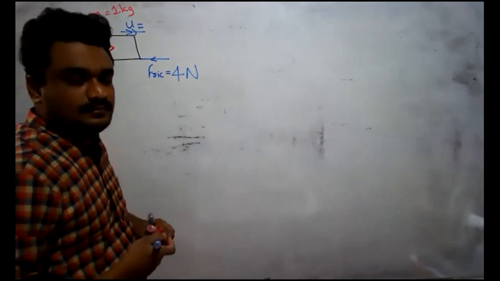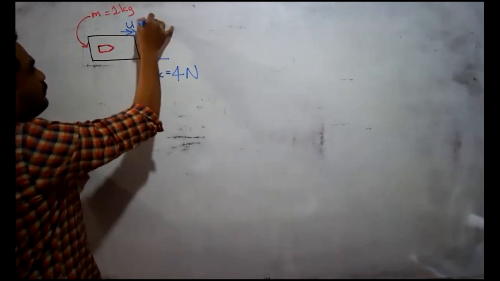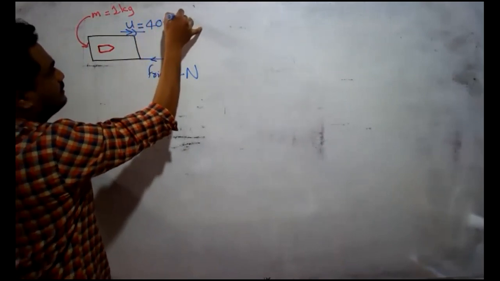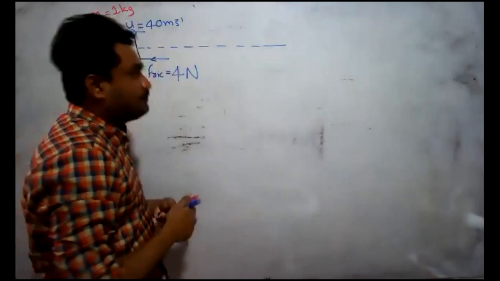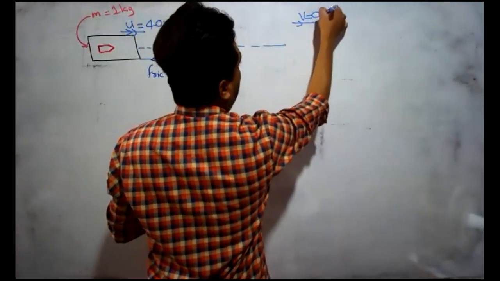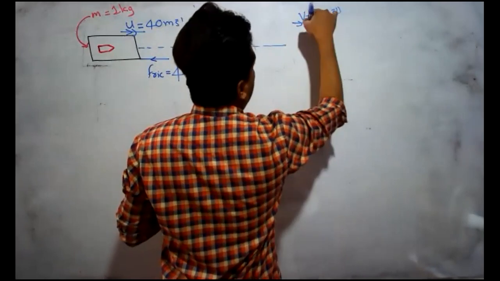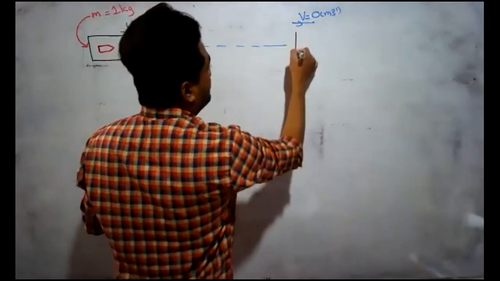It starts to move with the velocity of 40 meters per second. So because of the friction force, the velocity decreases, and finally the velocity will be 0. Because of the friction force, velocity decreases and finally it comes to rest.